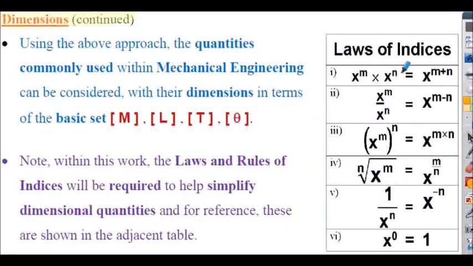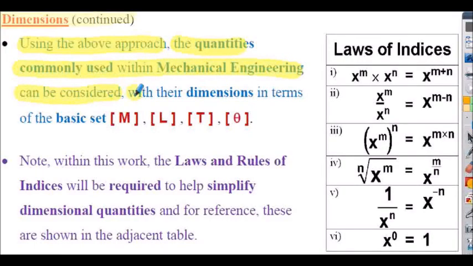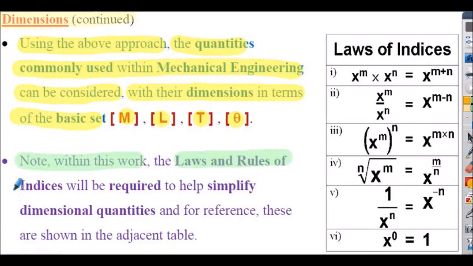Dimensions continued. So using the above approach, the quantities commonly used within mechanical engineering can be considered with their dimensions in terms of the basic set of M, L, t and theta. Note within this work, the laws and the rules of indices will be required to help simplify dimensional quantities.